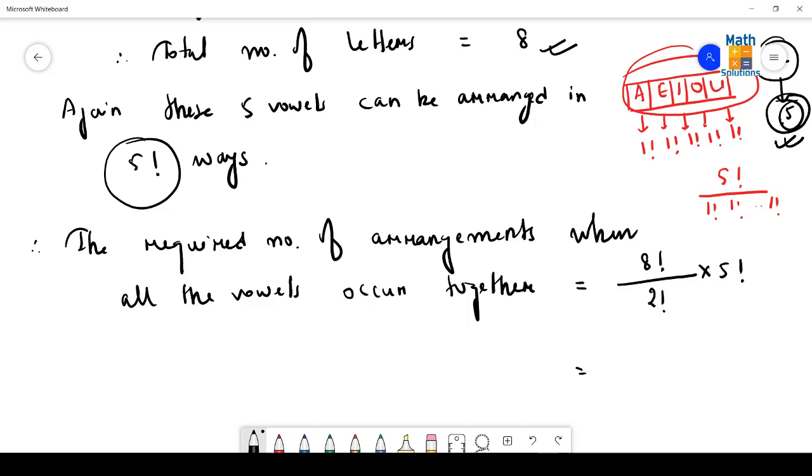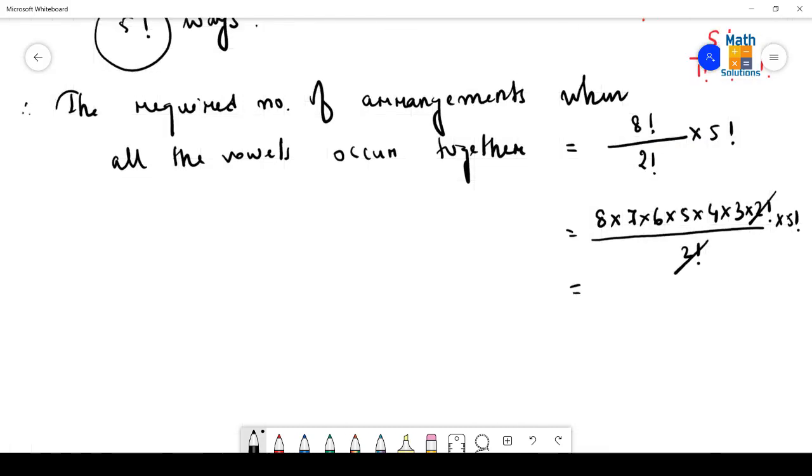So after complete cancellation and reduction, we shall be getting 8 into 7 into 6 into 5 into 4 into 3 into 2 factorial divided by 2 factorial into 5 factorial. 2 factorial gets cancelled, and then we have to break it once again. 8 into 7 into 6 into 5 into 4 into 3 into, this 5 factorial will have to be broken further, 5 into 4 into 3 into 2 into 1.